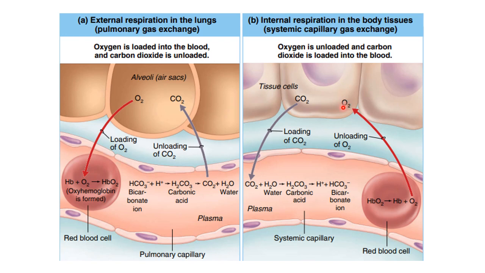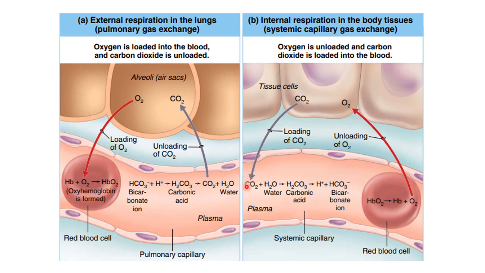But in the process of producing ATP, it will also produce carbon dioxide, which diffuses from the tissue cells into the microcirculation or interstitium and goes into the endothelium.